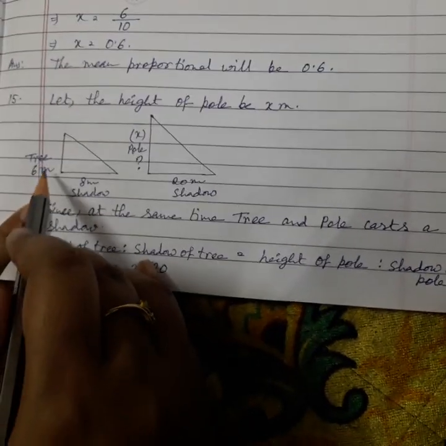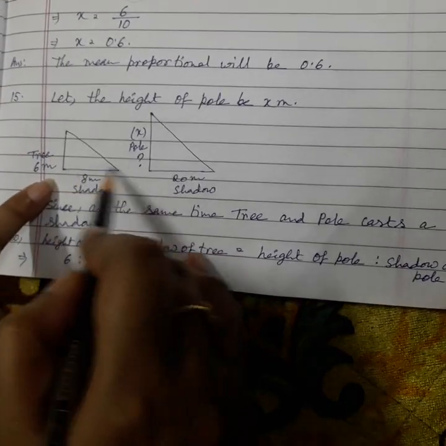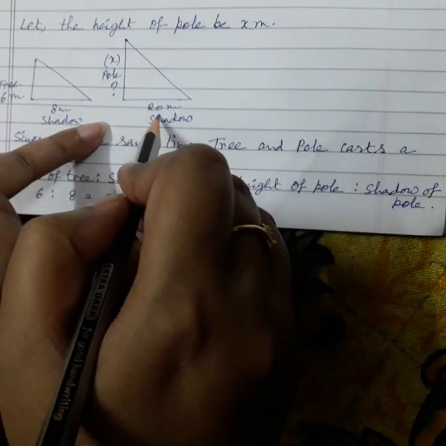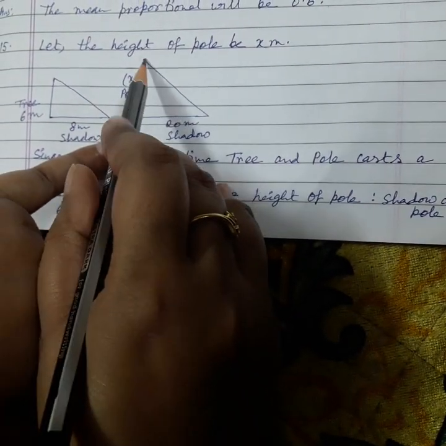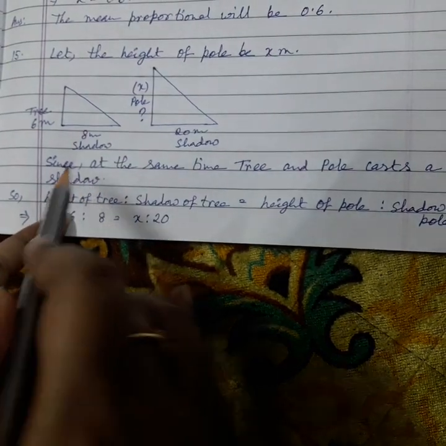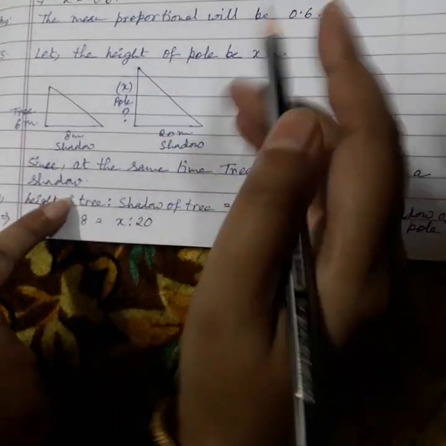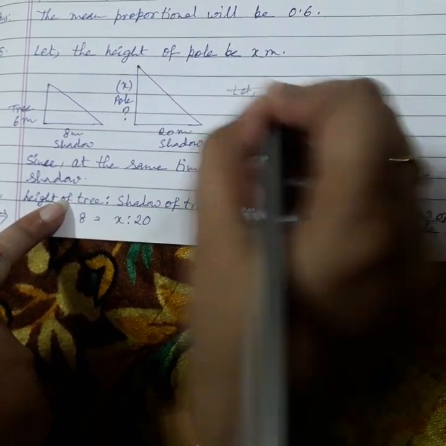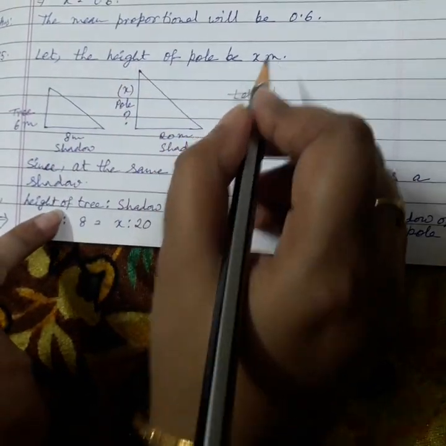First we draw the figure: the tree is 6 meter high with a shadow of 8 meter, and the pole has a shadow of 20 meter and we have to find its height. Let the height of the pole be x meter.